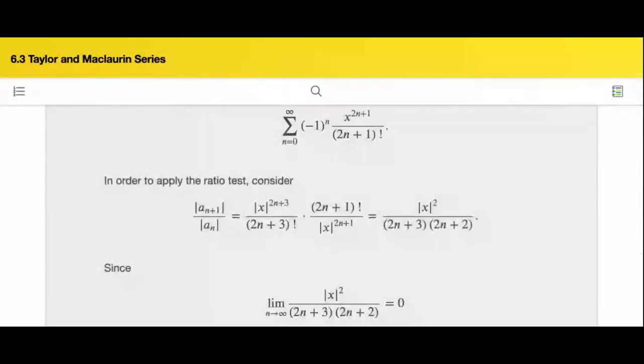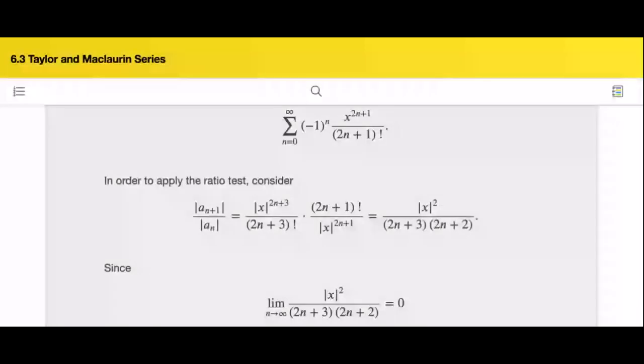Now we want to find the interval of convergence for sine x represented in this Maclaurin series. So we use the ratio test. Remember, the ratio test is the absolute value of the n plus 1 term divided by the nth term.